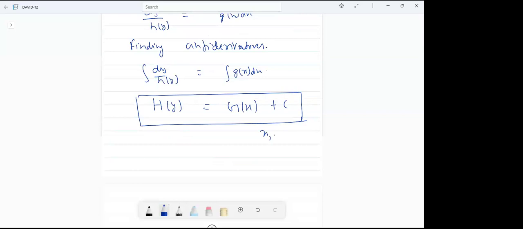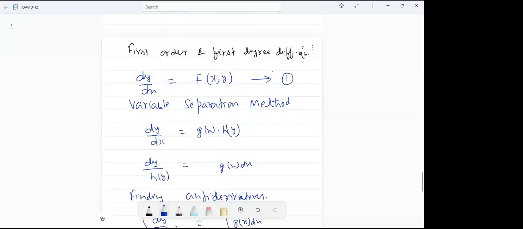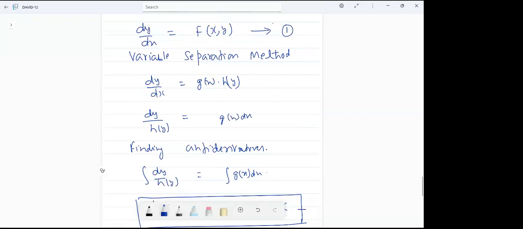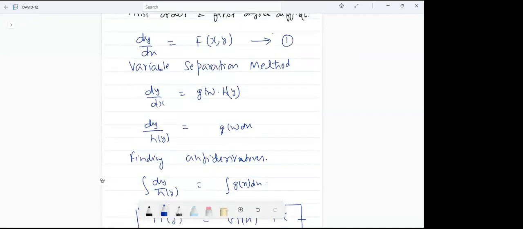So dy over h(y) equals g(x) dx. We get the integral of h(y) equals the integral of g(x). If the differential equation passes through a given point, with x value and y value given, then we substitute for x and y and find the value of c.